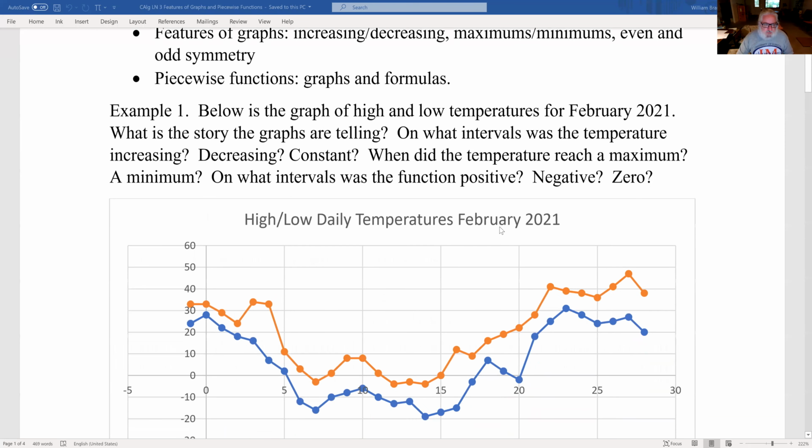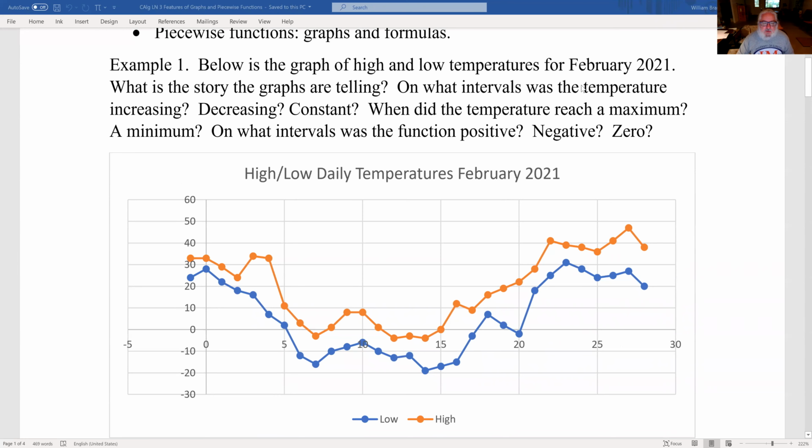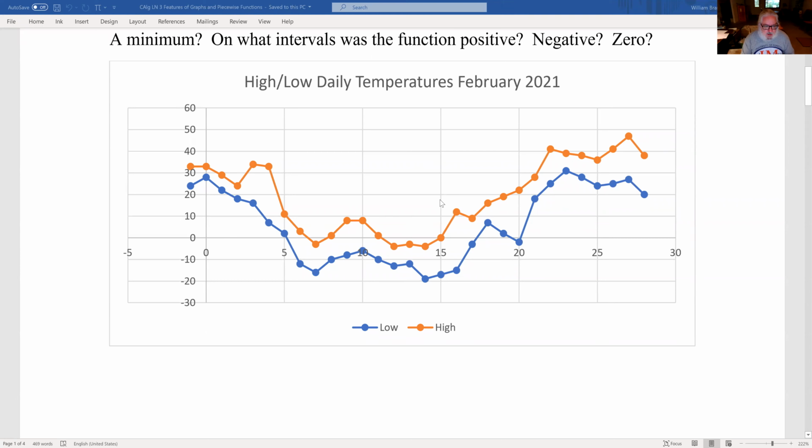So here's our graph of high and low temperatures for February 2021. What is the story the graphs are telling? If we look at the high temperature graph, what's it telling us? Well, remember that we're starting at January 31.